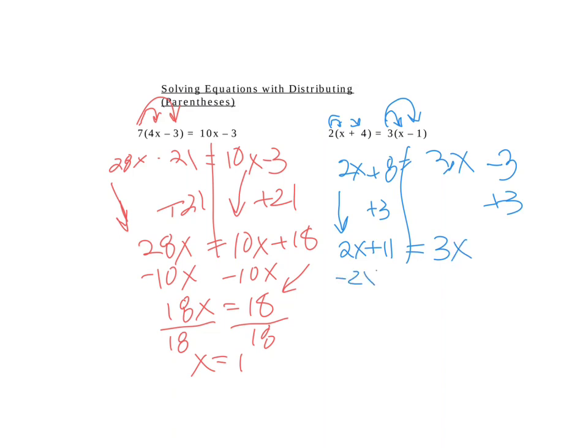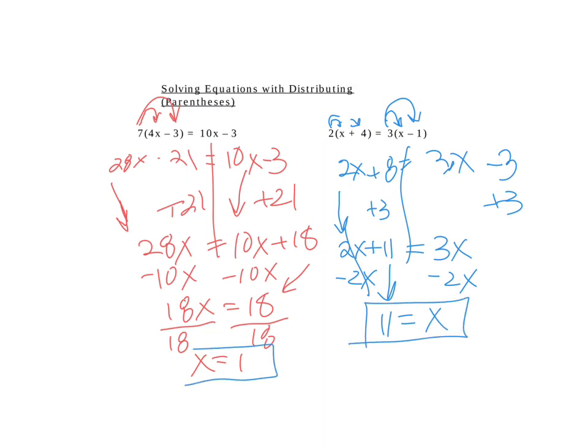I subtract 2x. This goes away. Bring down my 11. 11 equals x. There's our two answers. We couldn't have got them unless we multiplied out our distribution problems first.